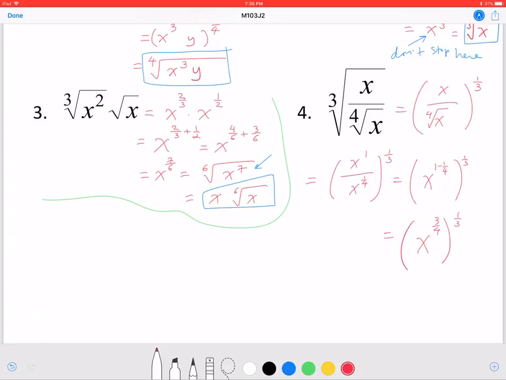Now we're going to multiply the exponents, so 3/4 times 1/3. The 3 cancels out, leaving me 1/4, and that is just the fourth root of x. That should be the final result. Look how pretty the answer turns out. Really ugly to nice.